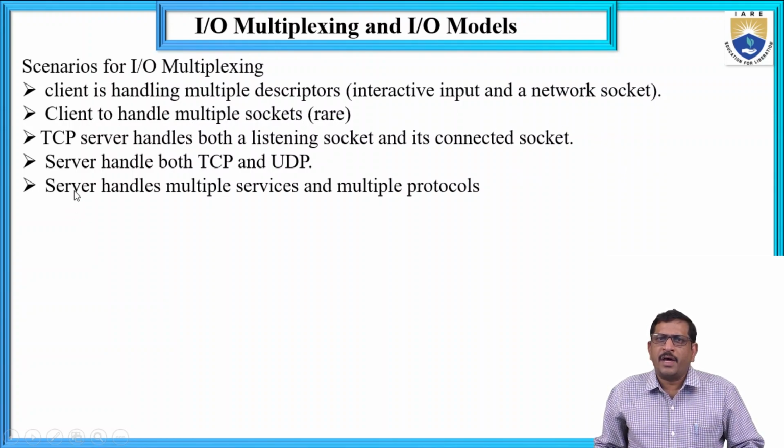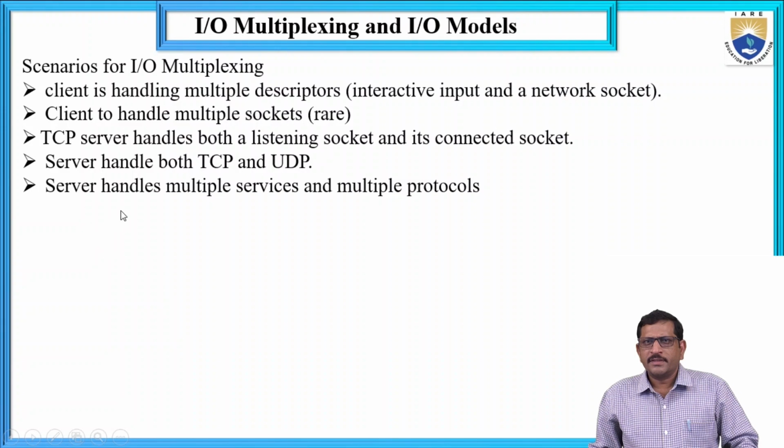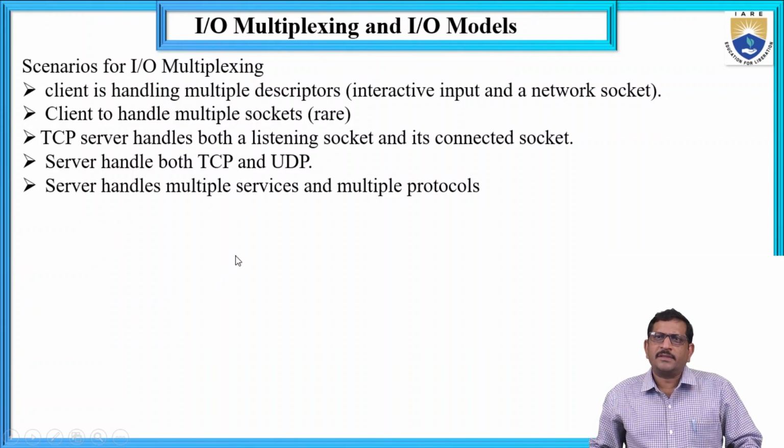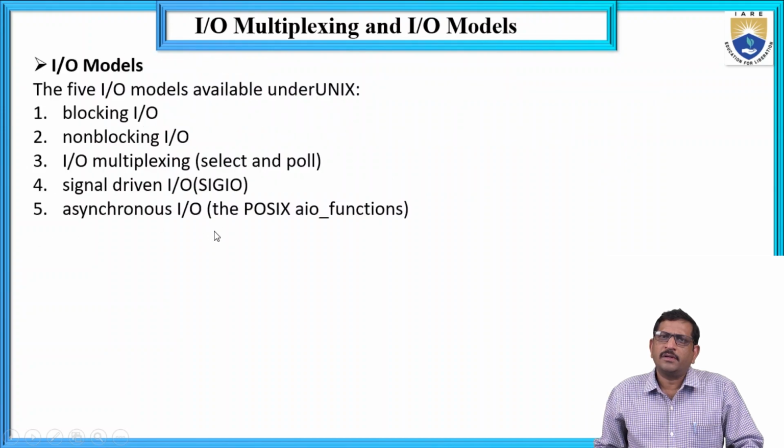So these are the scenarios. A server handles both TCP and UDP protocols, Transmission Control Protocol and User Datagram Protocol. Both can be handled by the server in I/O multiplexing. A server handles multiple services and multiple protocols.